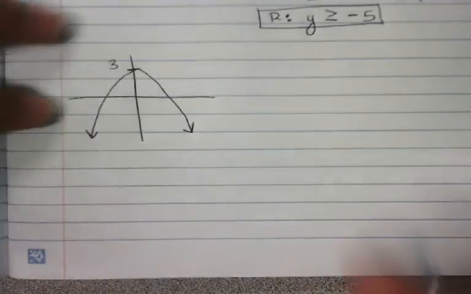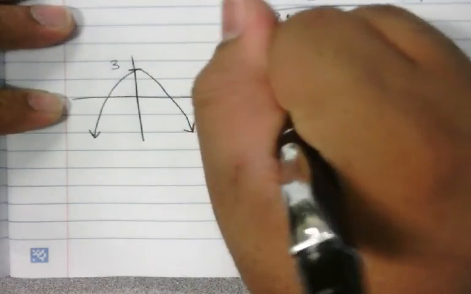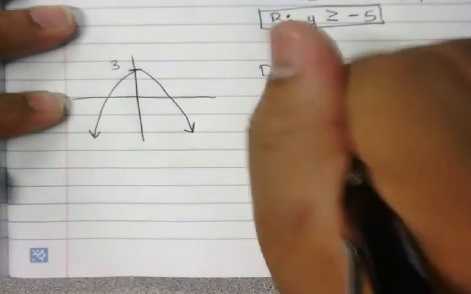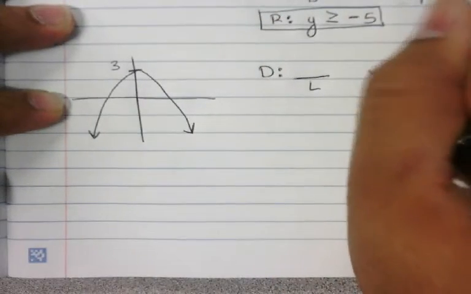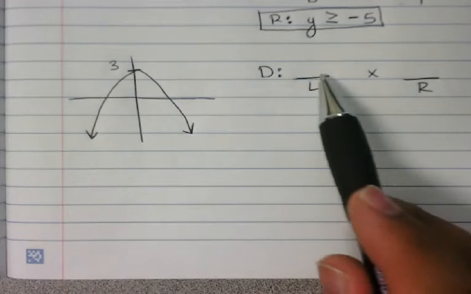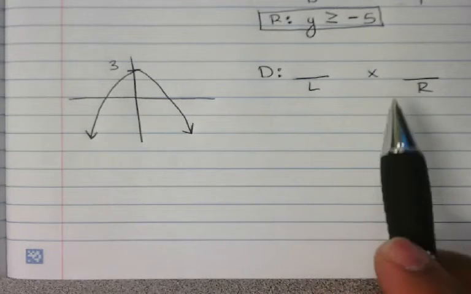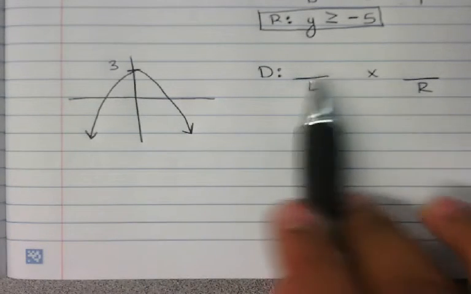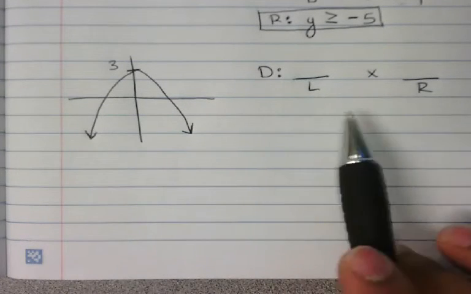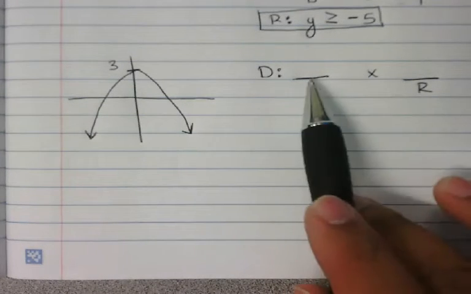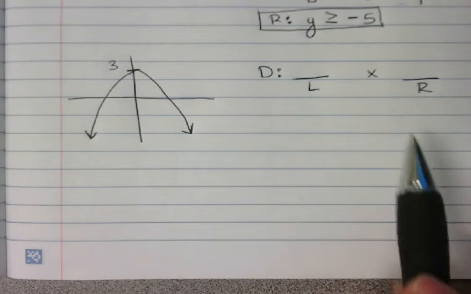For domain, same thing. And listen, y'all need to set it up like this every single time because y'all need to be able to see what the numbers are going to be. This only helps you get the correct answer. Don't try to skip this step. Once you get really good at it, then fine, skip it. But right now, we're going to set it up every single time.